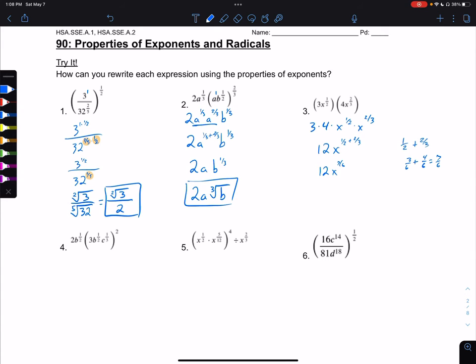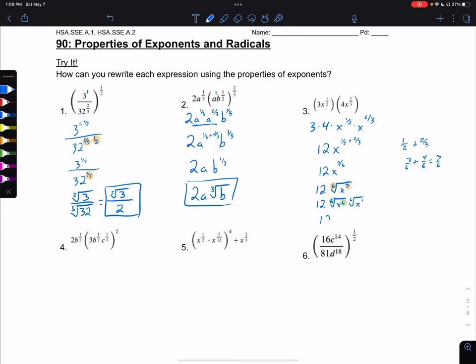Again, no fractional exponents, so rewrite this as 12 times the 6th root of x to the 7th. I want to note that the index is less than the number on the inside, so that means I need to split this up. So the 6th root of x to the 6th and the 6th root of x to the 1st. I want these numbers to be divisible, which they are.